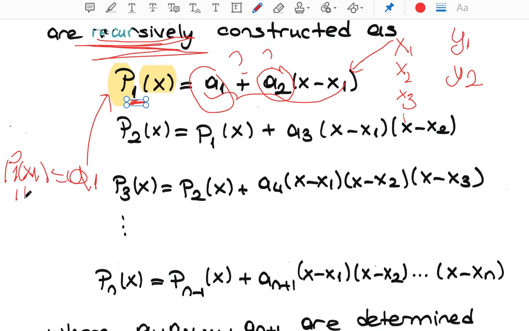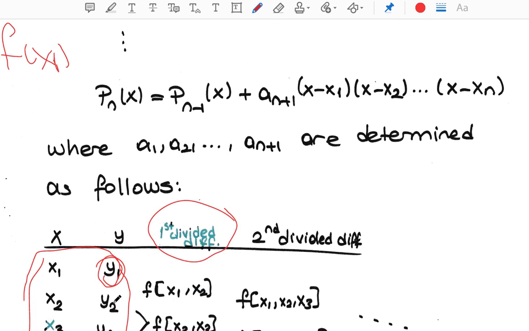What I know about P1, it does not matter P1, P2, P3, is that P(x1) should give me f of x1. So at node points, our main contribution for the interpolation is that your polynomial, your approximation, will give you the exact value at the node points. So this is the same thing, and because of this, this is corresponding to A1, for instance.